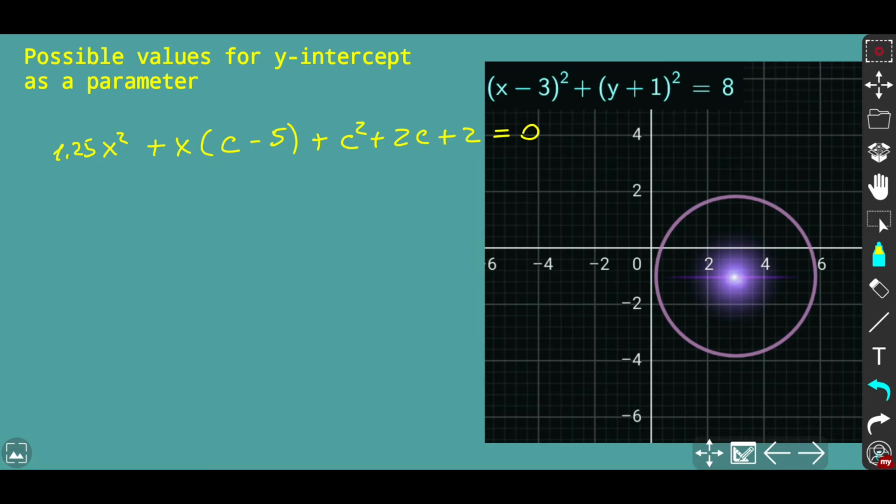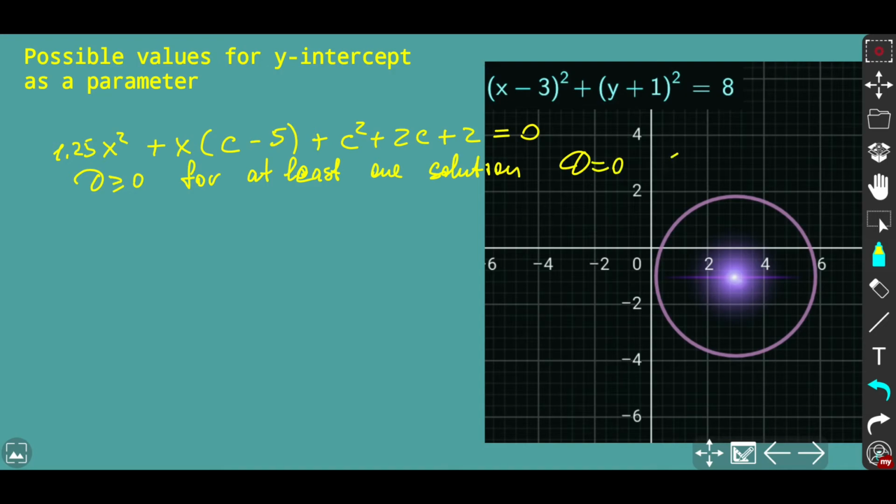That means the discriminant, if I'm looking at the discriminant, I'm looking for x values, is going to be greater than or equal to 0 for at least one solution, right? So when the discriminant is 0, that's going to be one solution.